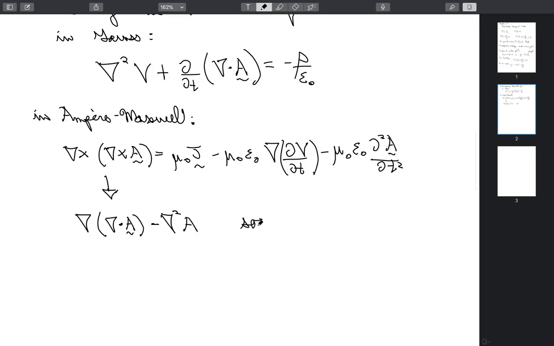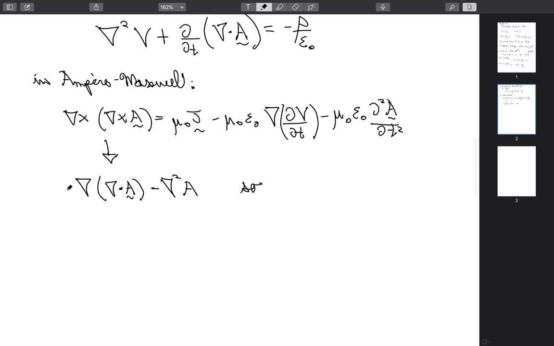So finally, what we get is the following thing. This whole thing here becomes that the Laplacian acting on A minus mu 0 epsilon 0 d2A/dt squared, minus the gradient of another quantity.